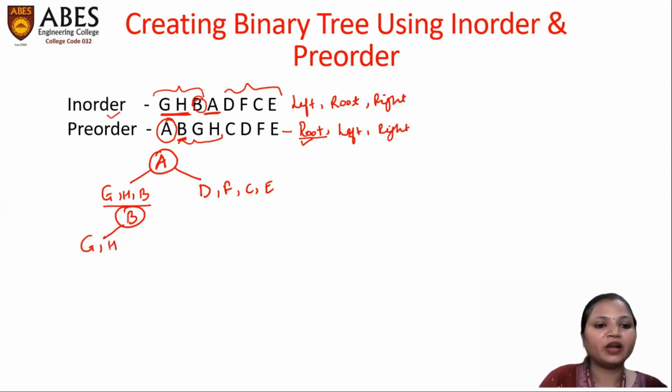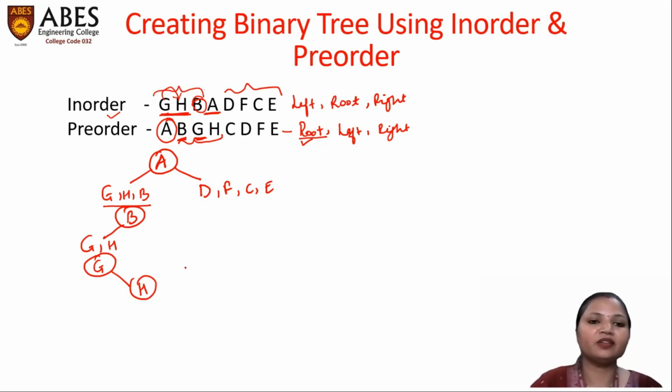Now G and H, which comes first in preorder? In preorder, root comes first. So here G will become the root node. Now check inorder. H is present on the right hand side of G. So H will become the right child of G. There is no element left over here.